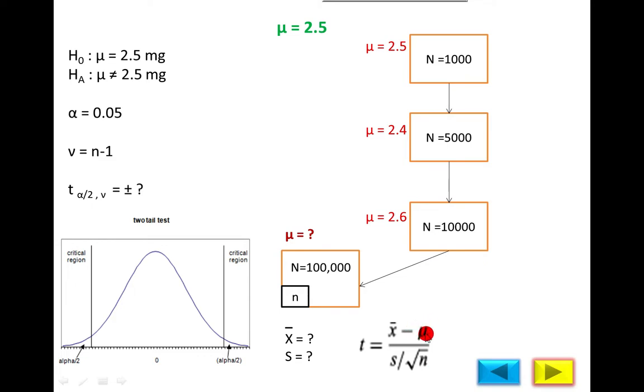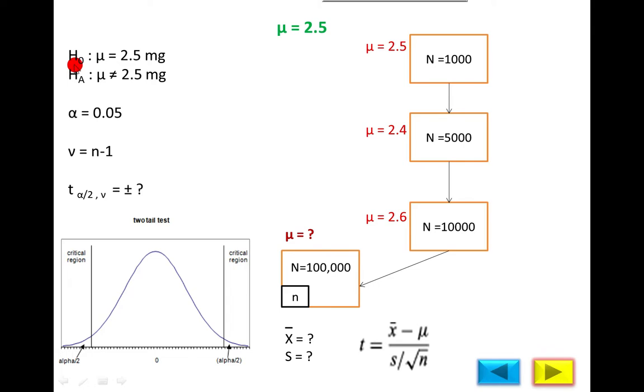This mu is the given standard weight. Why do we substitute this? Because first we substitute this value as it is, supposing that the population mean is 2.5 milligram, and when we suppose any statement, it is called the null hypothesis.